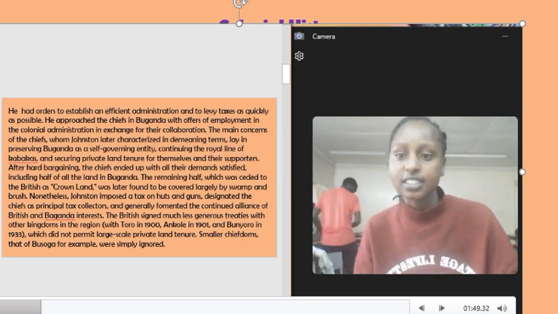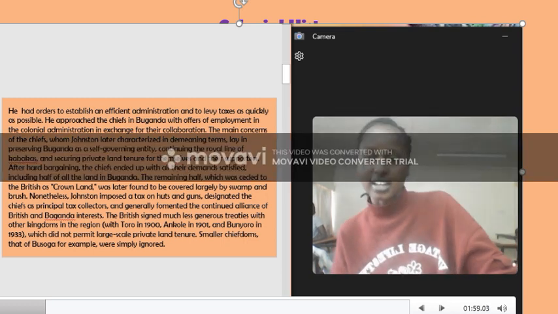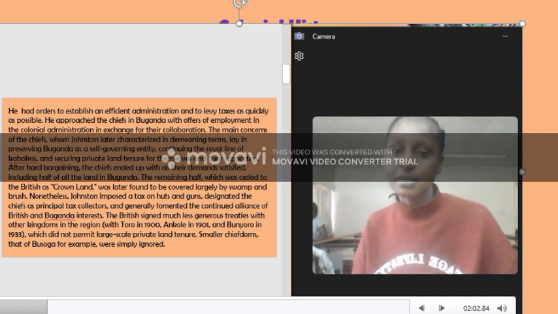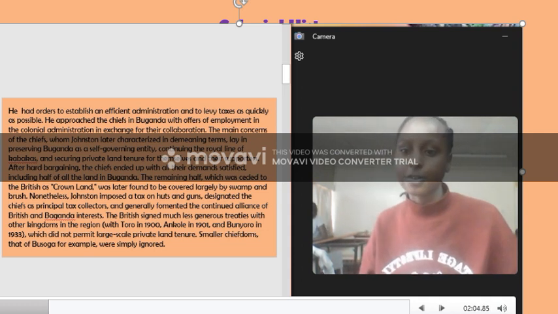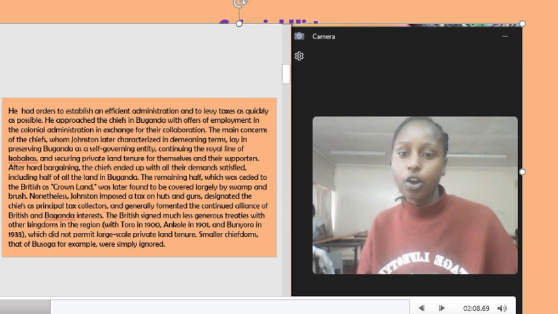The main concerns of the chiefs, whom Johnston later characterized in demeaning terms, lay in preserving Uganda as a self-governing entity containing the royal line of the Kabakas. After hard bargaining, the chiefs ended up with all their demands satisfied, including half of all the land in Uganda.